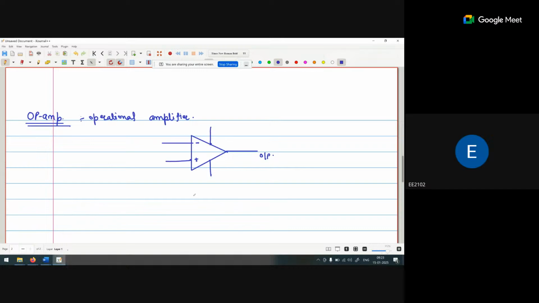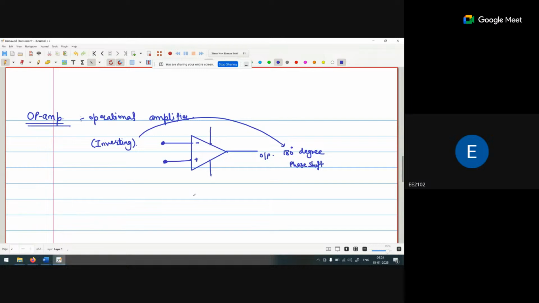Now this negative pin is called the inverting pin. When we go through the waveforms, I will show you why it is called the inverting pin. When we provide the input at this pin, with respect to this pin, I get the output with a 180-degree phase shift. That's why it is called the inverting pin.